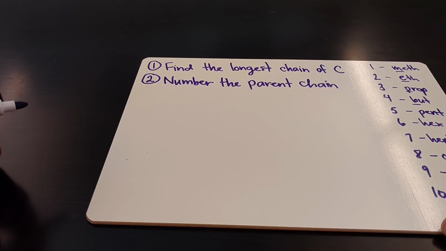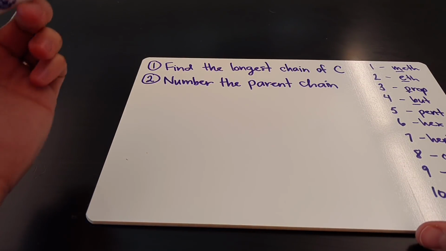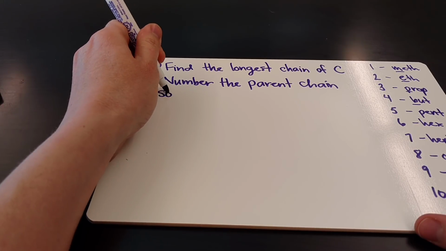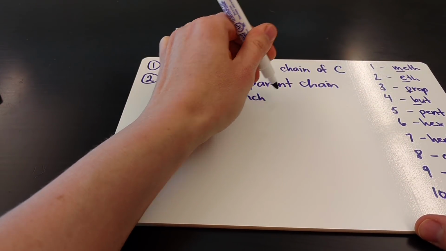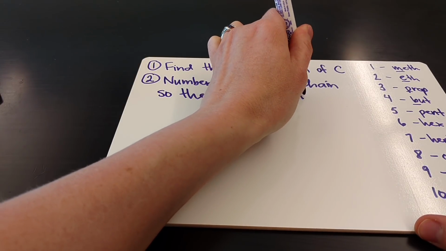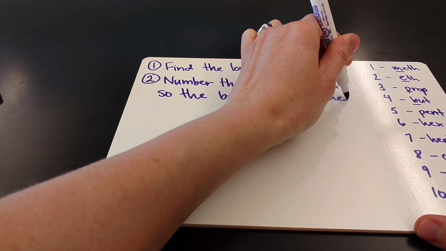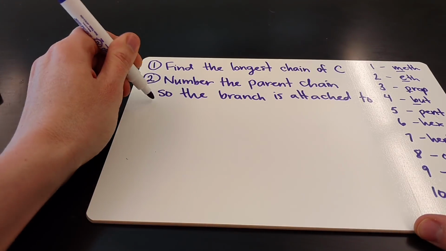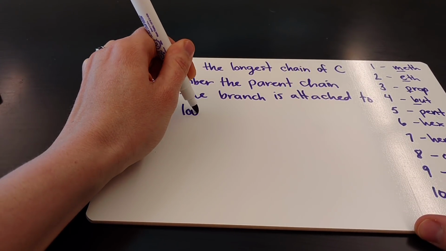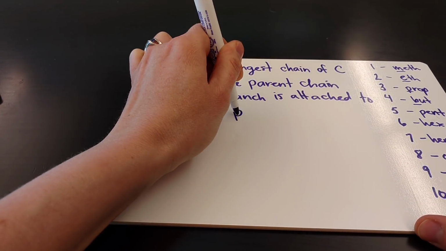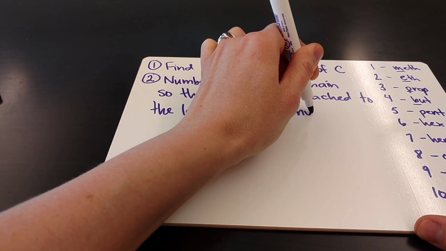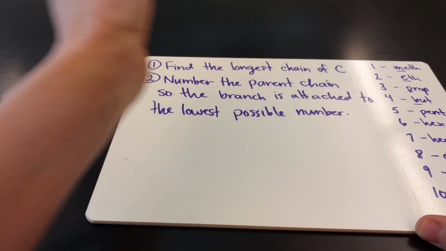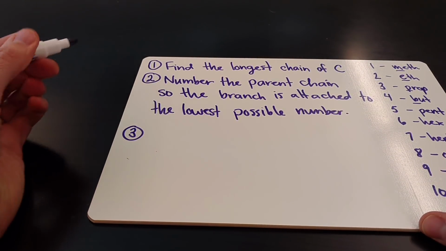Okay. So, second step, number the parent chain, so the branch is attached to the lowest possible number. And this will make more sense when we do an example.